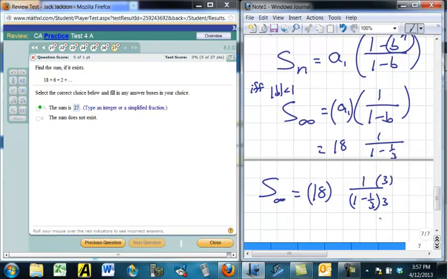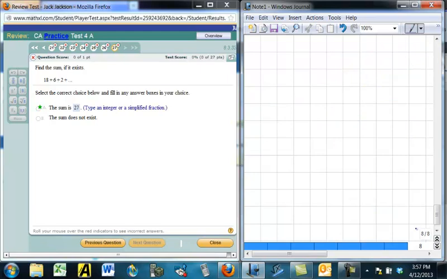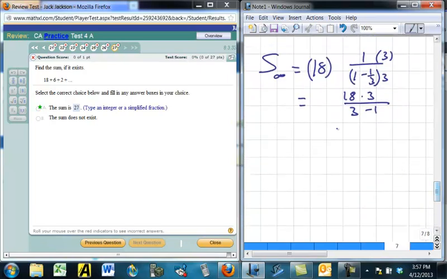Let's multiply the numerator by 3 as well. And so when I distribute here, I get 3 minus 1, which is 2. Here I get 18 times 3. So I have 18 times 3 over 2. 18 divided by 3 is 9 times 3. 18 divided by 2 is 9. Take that 9 times 3 to get 27 for the infinite sum.